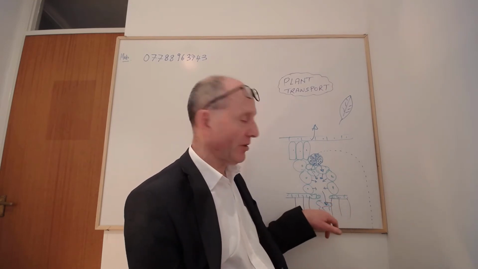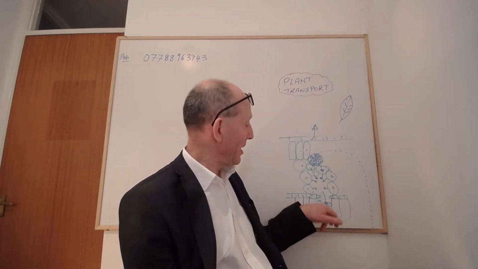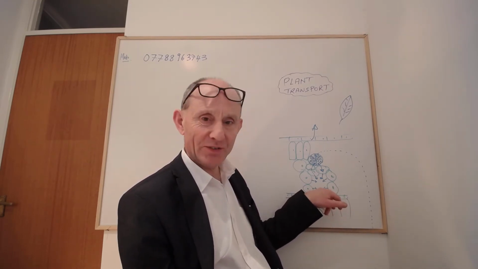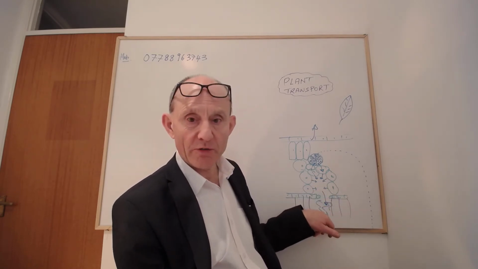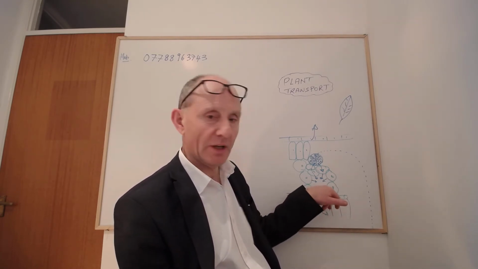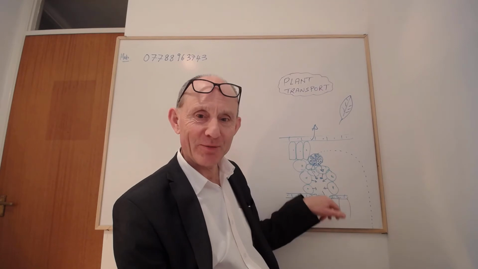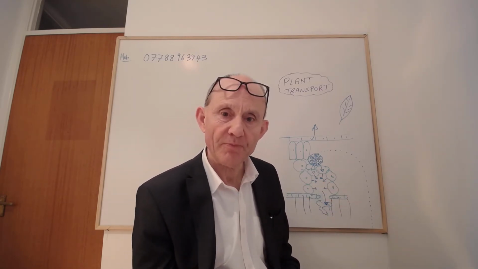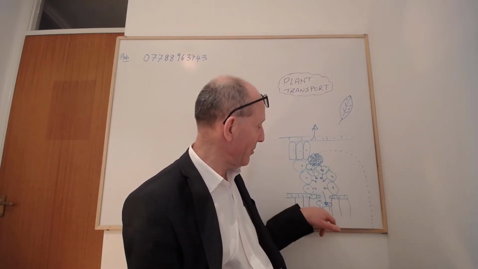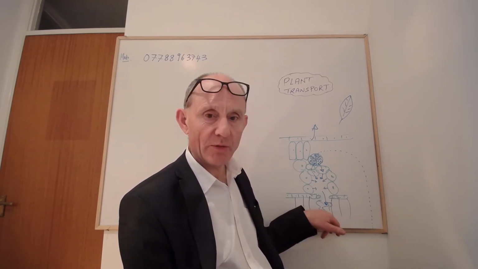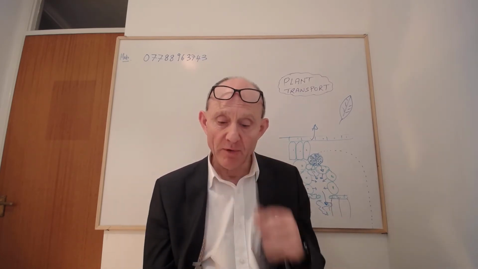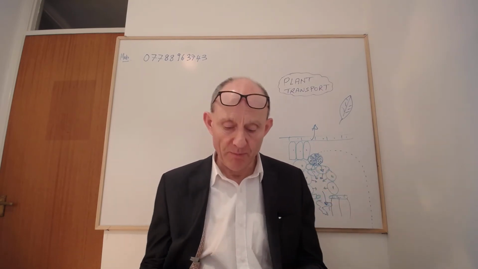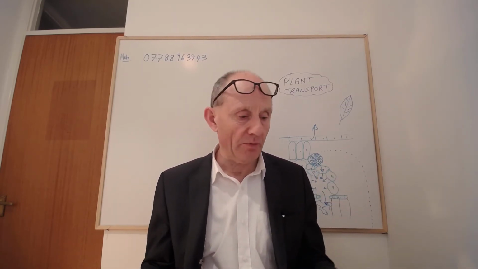And that means this region out here becomes quite moist. It gets so moist that it's almost as humid as inside, so there isn't much of a difference between the inside and the outside, and that reduces the diffusion of water out. So they trap the air, prevent the wind moving past, and reduce the risk of water loss from the stomata.